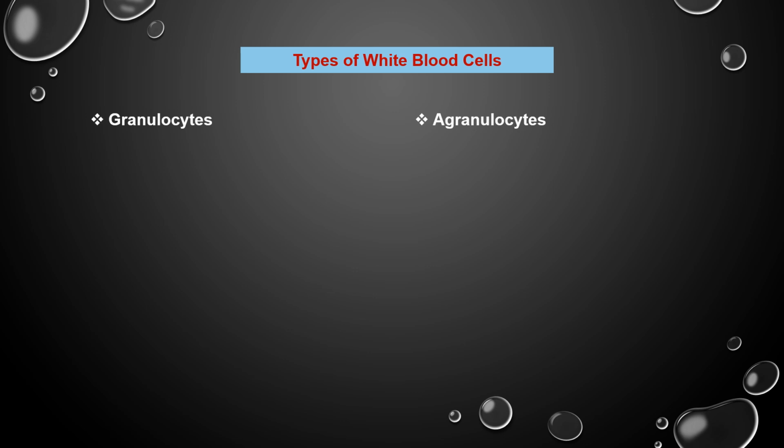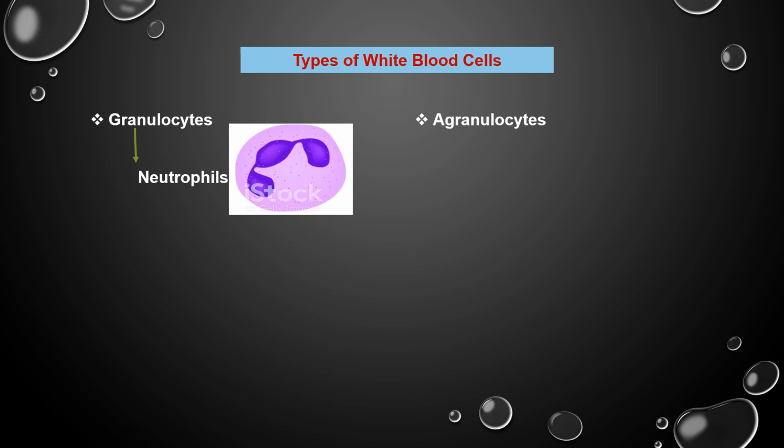Granule means small particles present in the cytoplasm, so it is called granulocytes. Their nucleus is irregular or lobed. Granulocytes are three types.